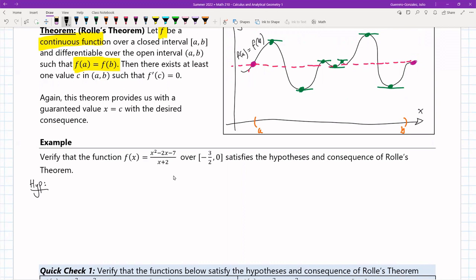So if you take a look at the function itself, the only value that we cannot plug in, where it would be discontinuous, would be at x equal to -2. If we plug in x equal to -2, we get a divide by 0. That can't happen. So I'm going to write here x cannot equal -2. It's continuous everywhere else.